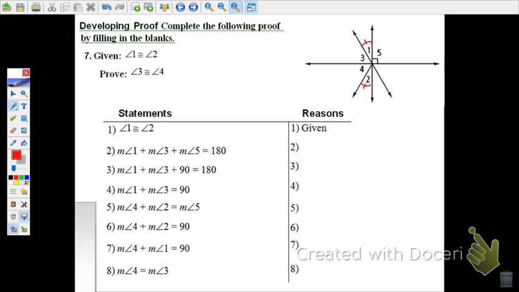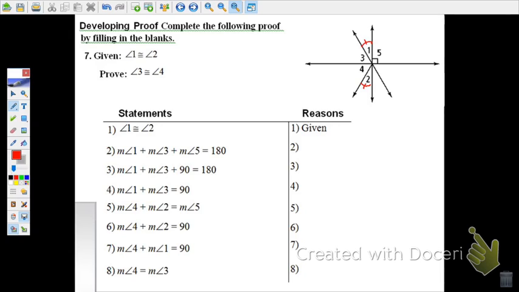Our second statement says that angle 1 plus angle 3 plus angle 5 is equal to 180. If I look at that in my picture, angles 1, 3, and 5 added together are going to equal 180. How do I know that those three angles add up to 180?